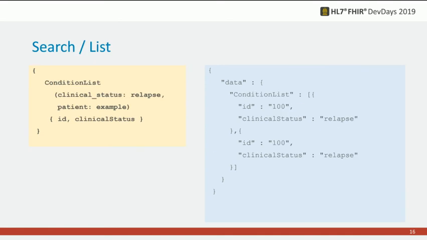But you can go for something more. Let's do a condition list in this case. I want you to give me a list of the conditions for this patient that have a status of relapse, and give me the ID and the clinical status. In reality, you'd ask for more fields, but there's only so much screen space to play with.